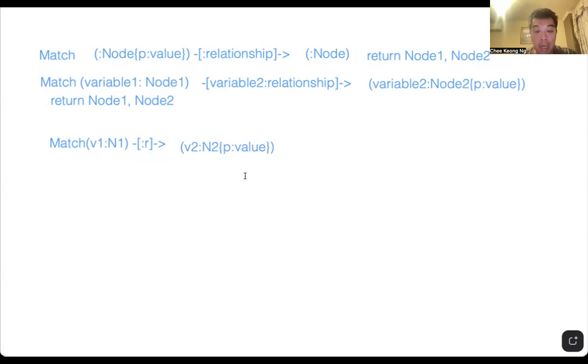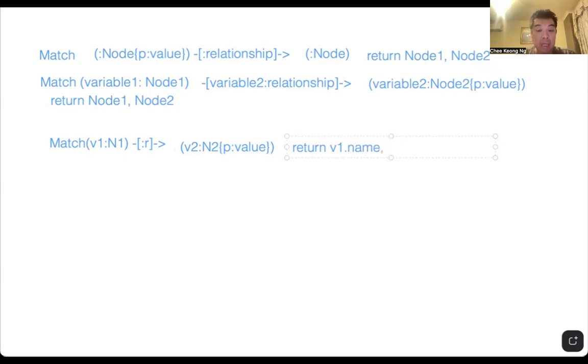What is going to happen is that you'll find nothing has changed in the query. What changes will be your returns. I'll return, for example, a property from variable one, so I'll say v1 dot name.